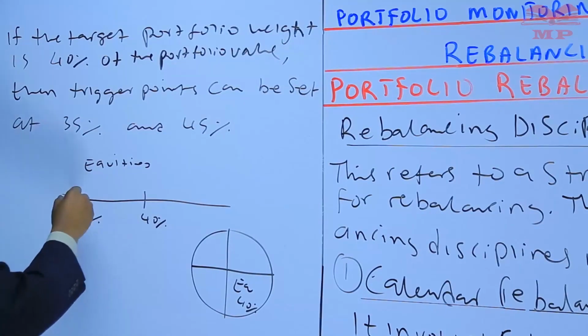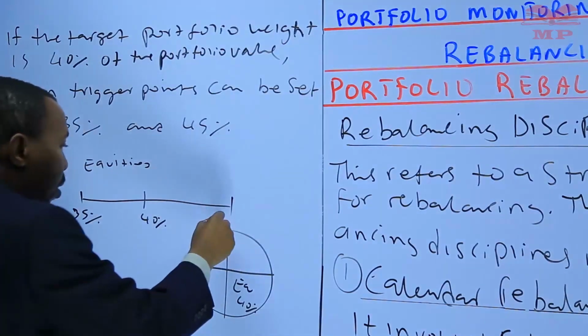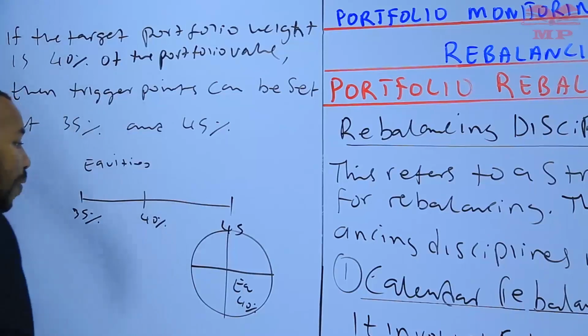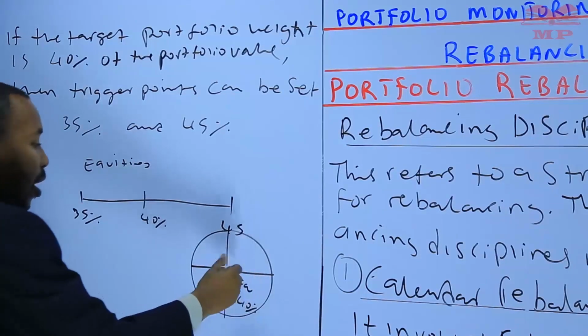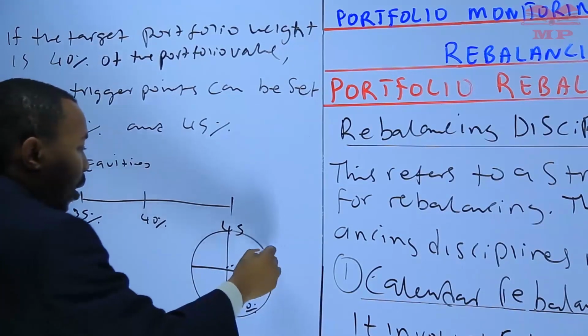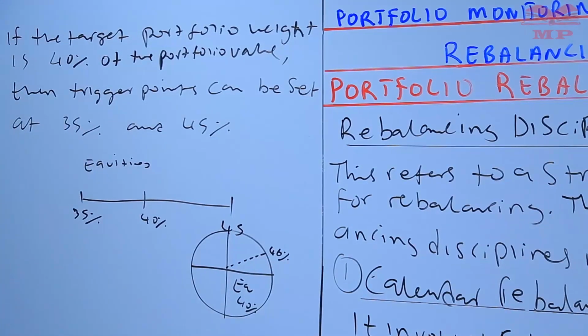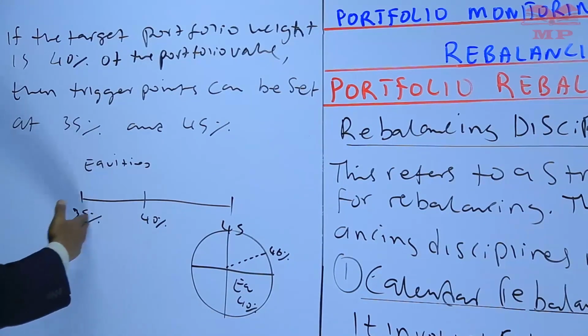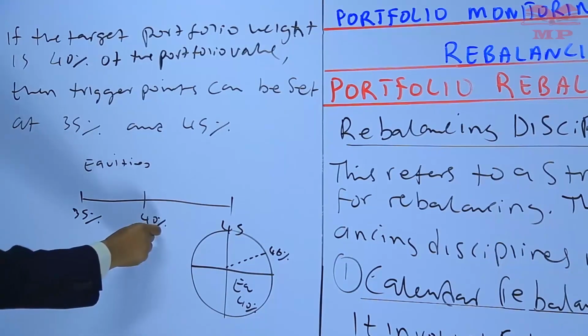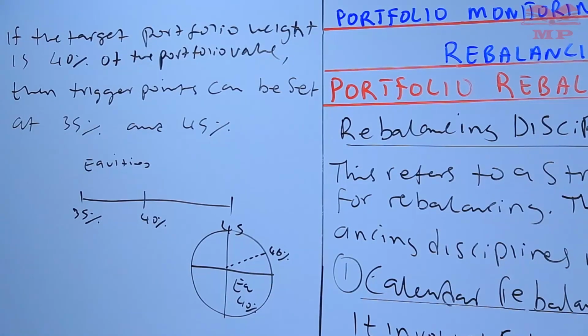So 35% on this side, and this other side can be 45. So if the allocation of equities increases to maybe 46%, then that should constitute rebalancing immediately. So the trigger points can be set plus minus in any direction. Plus minus 40%, we allow that to be within the acceptable range.